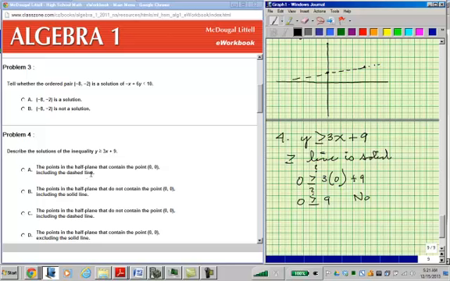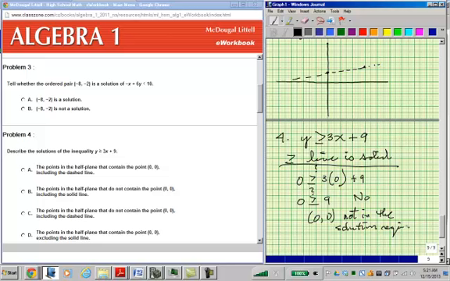The line is solid, and 0, 0 is not in the solution region. Now B says the points in the half plane that do not contain the point 0, 0. Well, we know that it does include 0, 0.